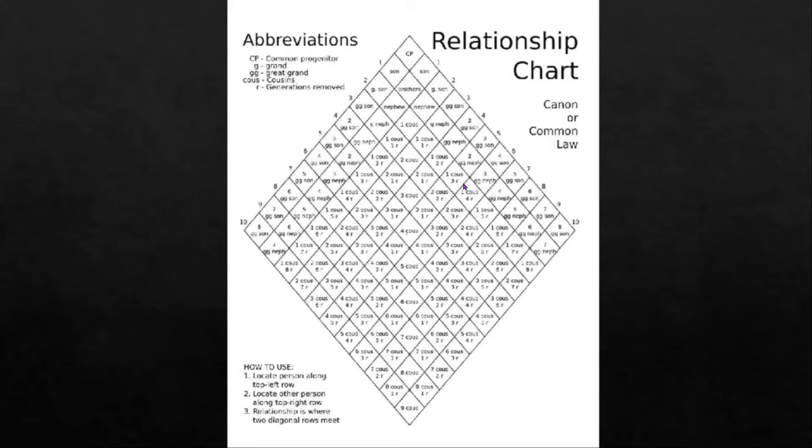So it's essentially the same as the rectangular chart, the universal chart. It's just set in a different way, and you're coming down the lines to where they cross, not across the lines. Let me stop sharing for a moment.